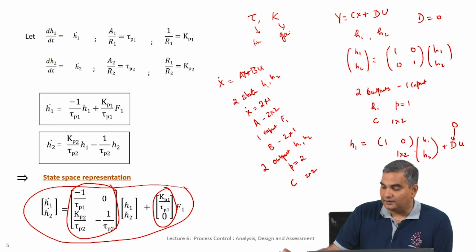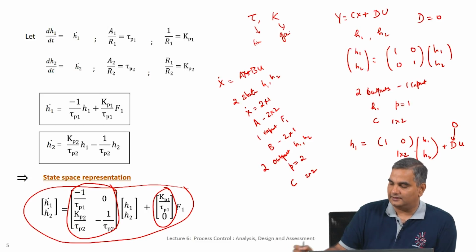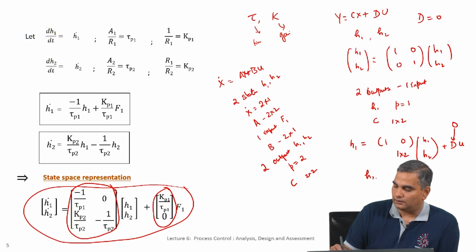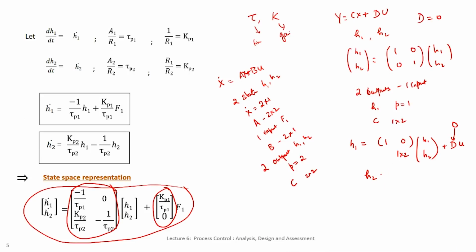Now, if your interest is in controlling H2, or the output is H2, then you will write H2 equal to 0 1 times H1 H2, and similarly Du is 0. You notice that the C matrix differs slightly depending on what your output is.